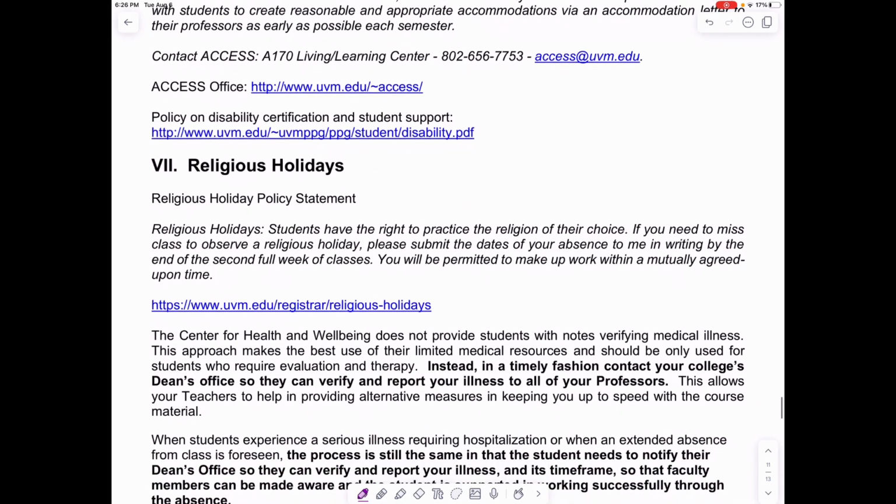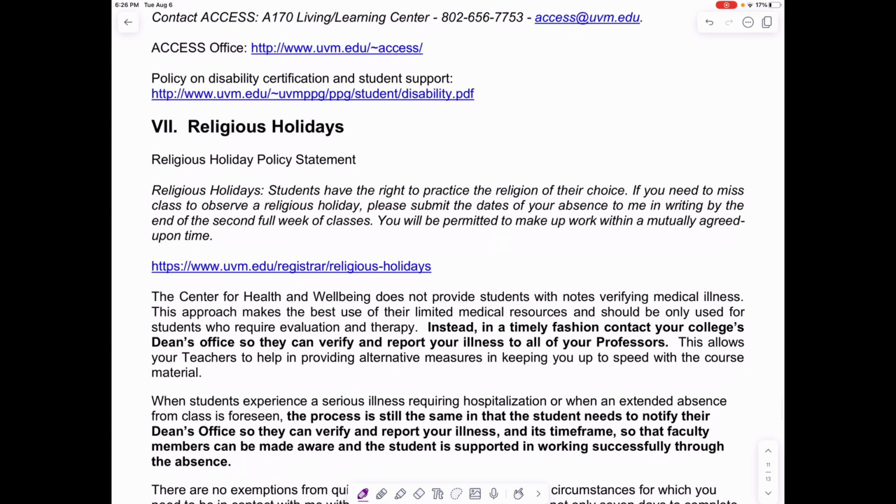Religious holidays: basically I have no problem with any faith that you decide to practice. However, I am not aware of all the dates for religious holidays. So if you are someone that is an avid practicing member of your faith, and there are certain holidays that are important, and maybe you're missing class, you need to inform me of those.